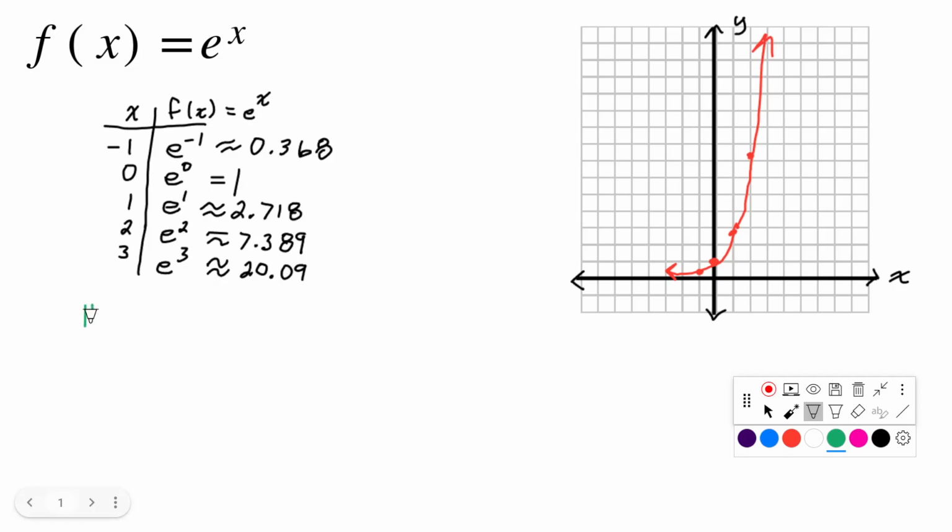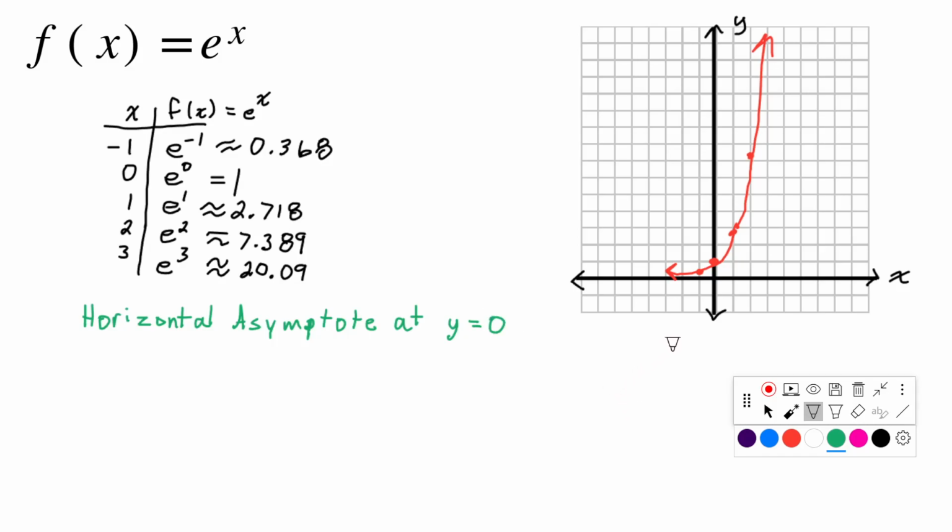Remember, an asymptote is a line that our curve does not cross. We can write the equation for that. Yes, it is the x-axis, but the equation is going to be a y equals equation. So a horizontal asymptote at y equals 0.